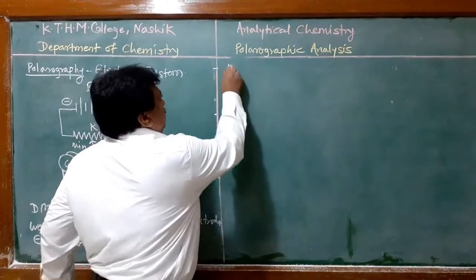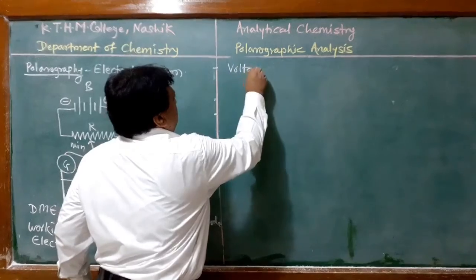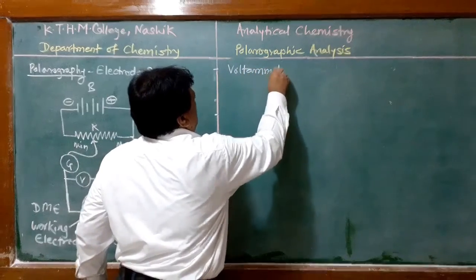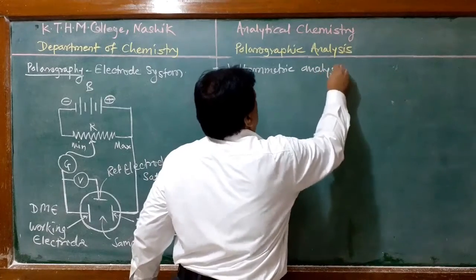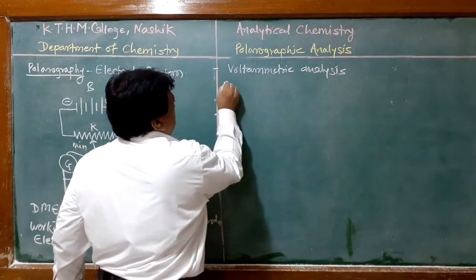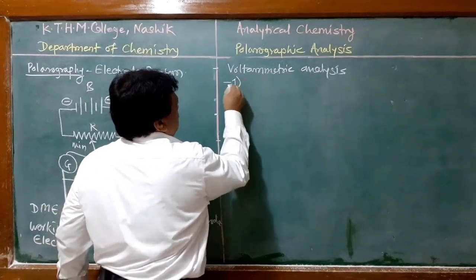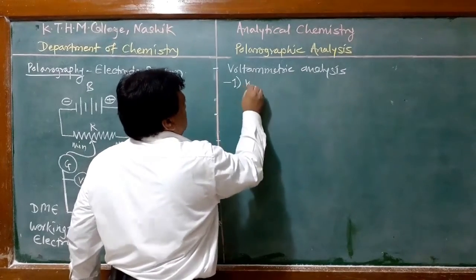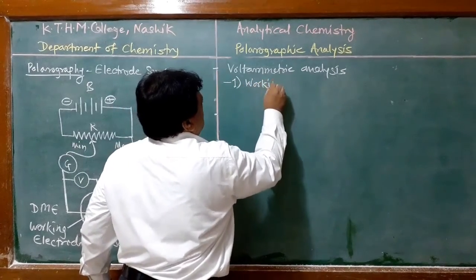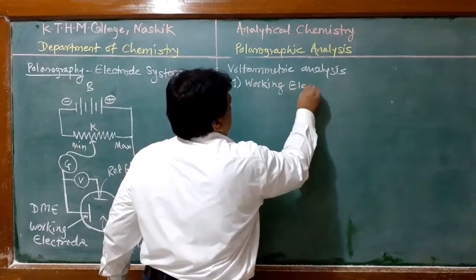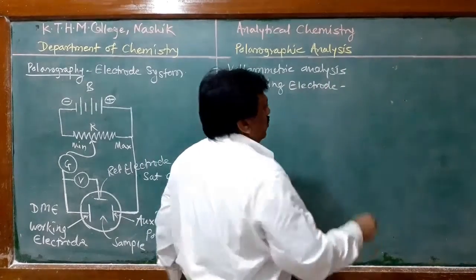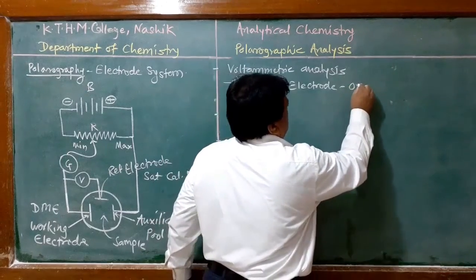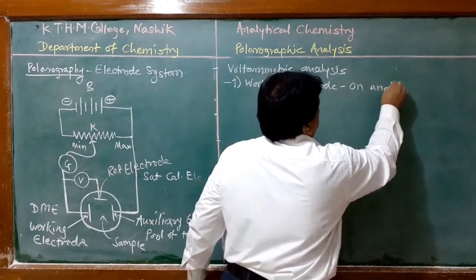The electrode systems employed in voltammetric analysis are called microelectrodes. There are three different electrodes used in voltammetric analysis. The first type of electrode is called the working electrode. The working electrode is that electrode on which the analyte reaction takes place.